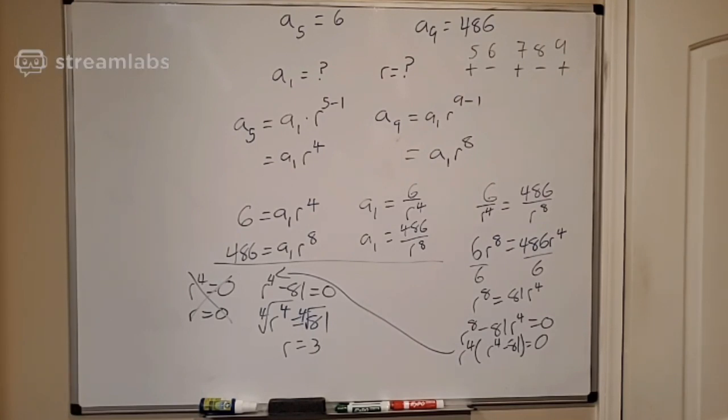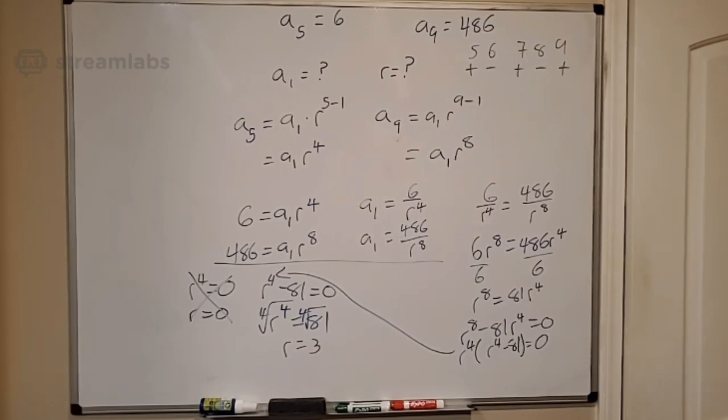So how do we know which one it is? You don't. Wait, wouldn't you just put plus or minus 3? You're correct. By the way, Maddie, you would put plus or minus 3.